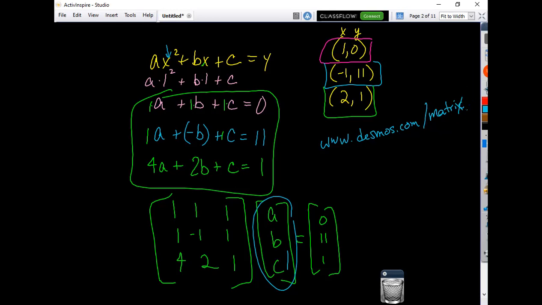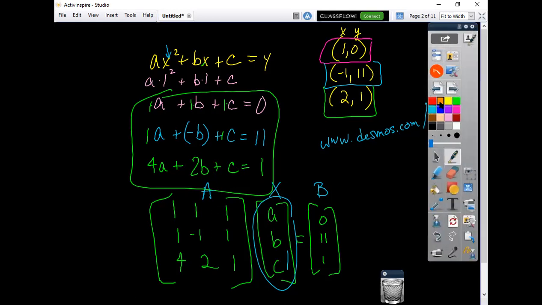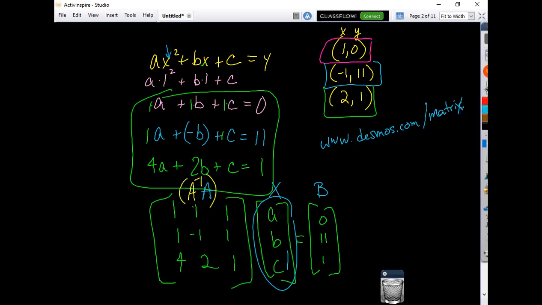We're going to call this matrix A, this matrix X, and this matrix B. We want matrix X all alone. So we've got to get rid of this matrix A by doing the inverse to it. Inverse of something makes it go away, but you have to do it to both sides. With matrices, it's important that if it's on the left on one side, you do it on the left on the other side.